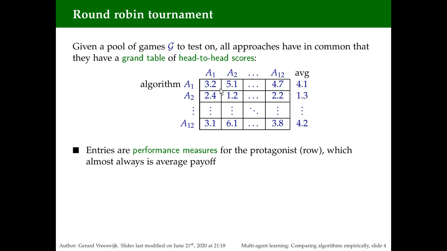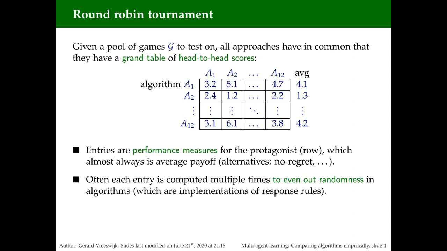So entries are performance measures for the protagonist, for the row, which is almost always the average payoff. But you have also other measures like no-regret, and then the entry in one row is the regret of playing algorithm 1 against algorithm 2. And this is the regret for algorithm 1.